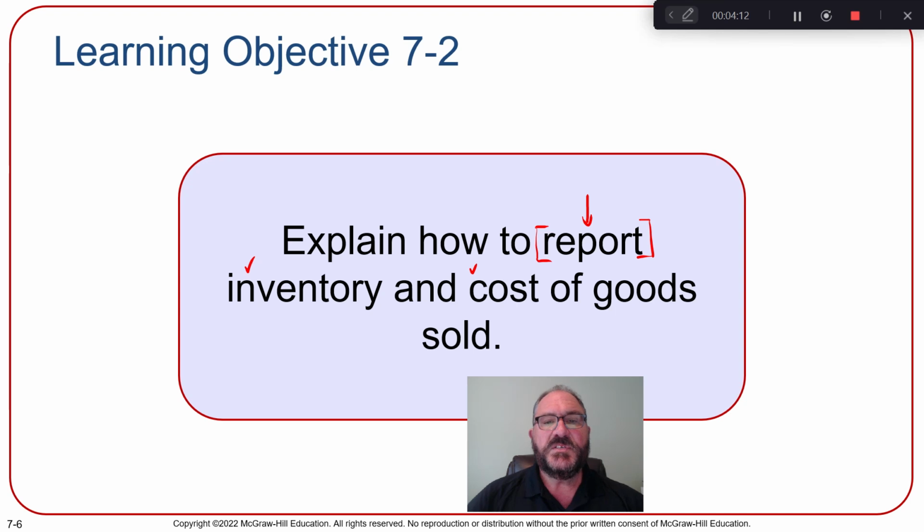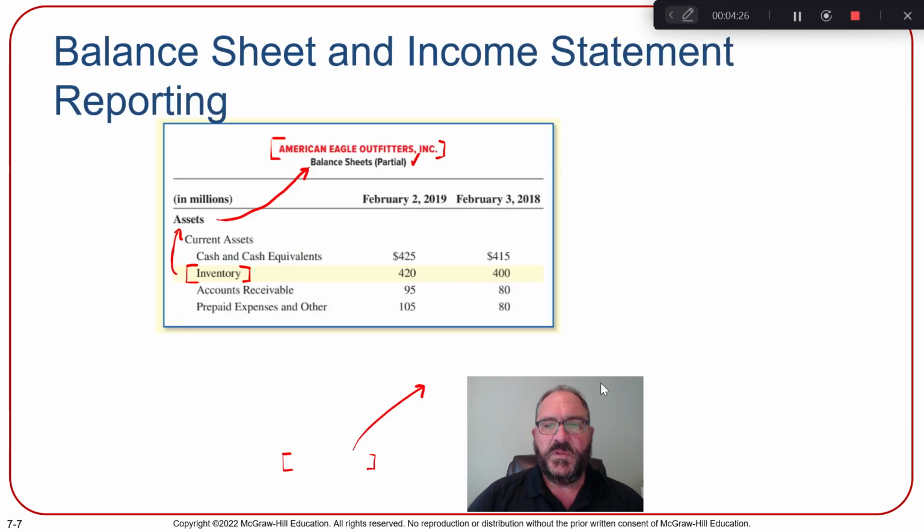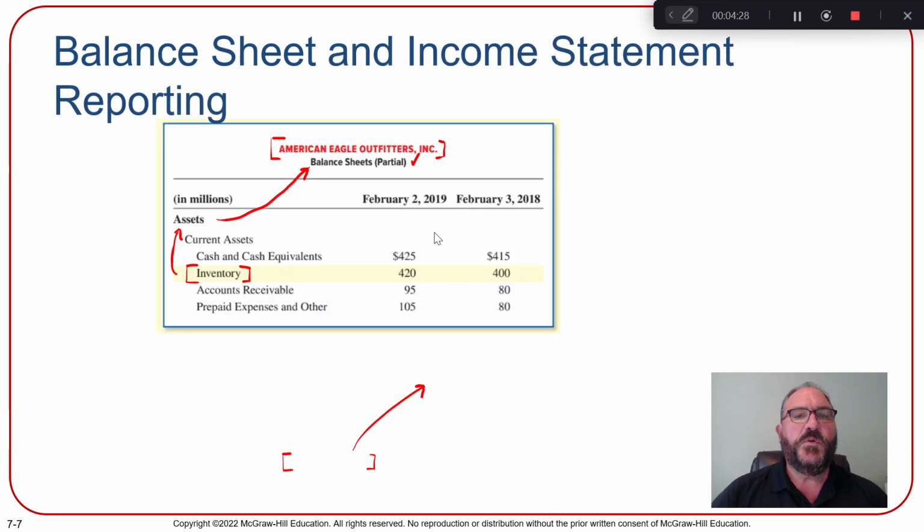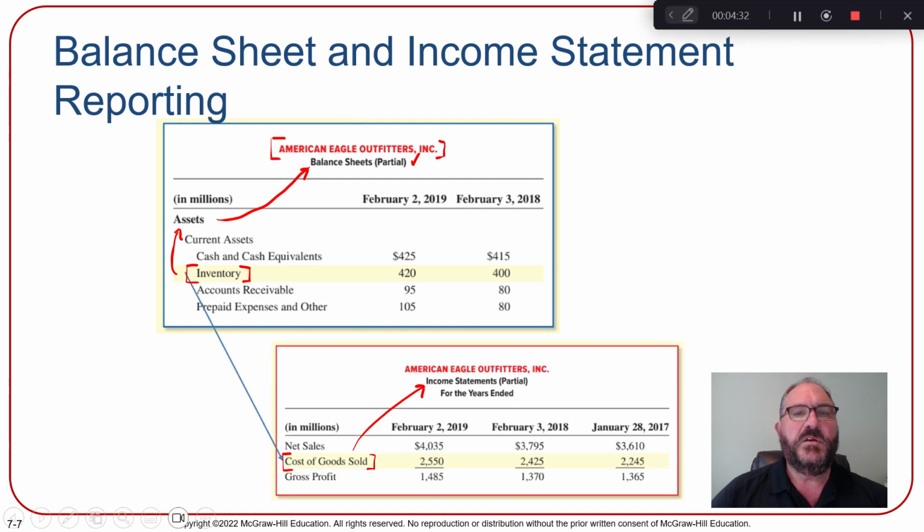Okay. So now, how do we report inventory and cost of goods sold? So remember, inventory, balance sheet, cost of goods sold, income statement. Okay. All right. So, for example, here's American Eagle. American Eagle, they're a clothing store.